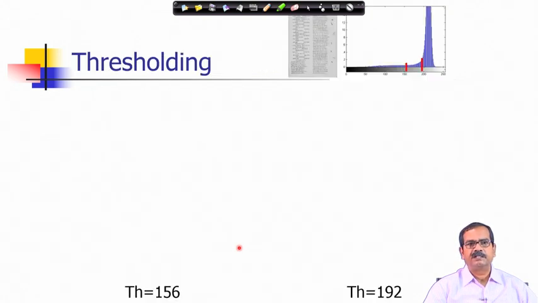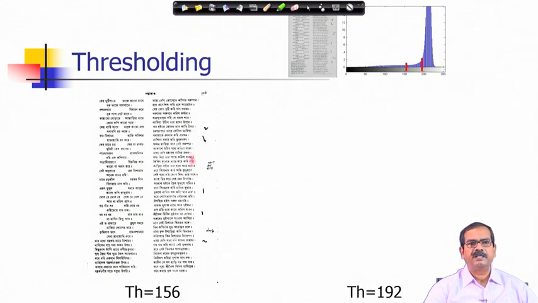This is a very simple algorithm, and let us see what the effect of this algorithm is. Consider this document, with its histogram displayed. Let us consider a particular value, say 156, where you perform this thresholding, and then you get an image like this. You see that there are only two types of pixels, with value 0 and value 255, when your threshold value is 156.